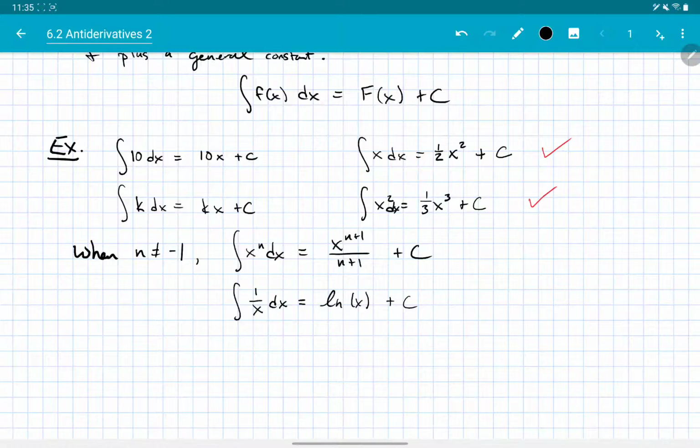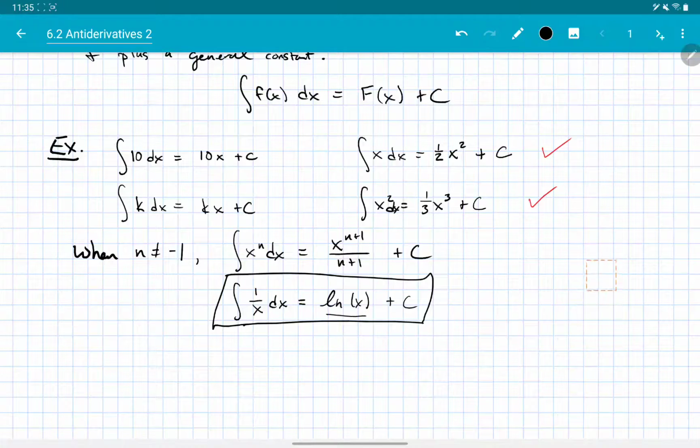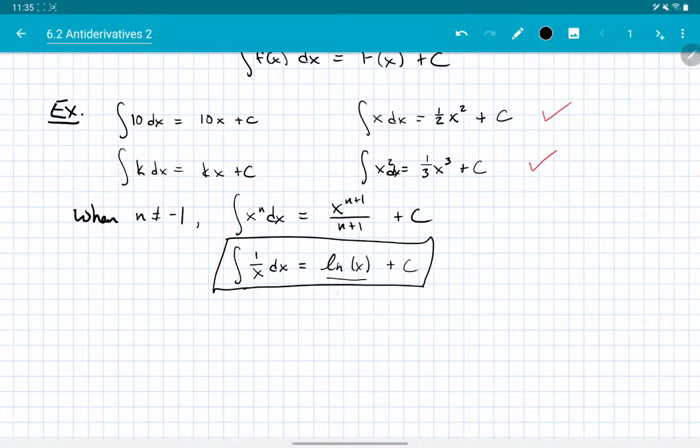Now, this seems like a good thing, but there's a little bit of a problem here. This function, natural log of x, is not defined for negative x, when x is less than 0. But if x is less than 0, we can look at the natural log of negative x.